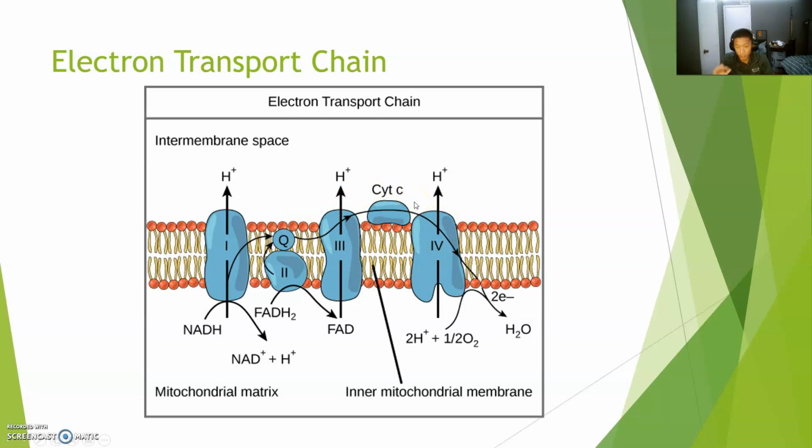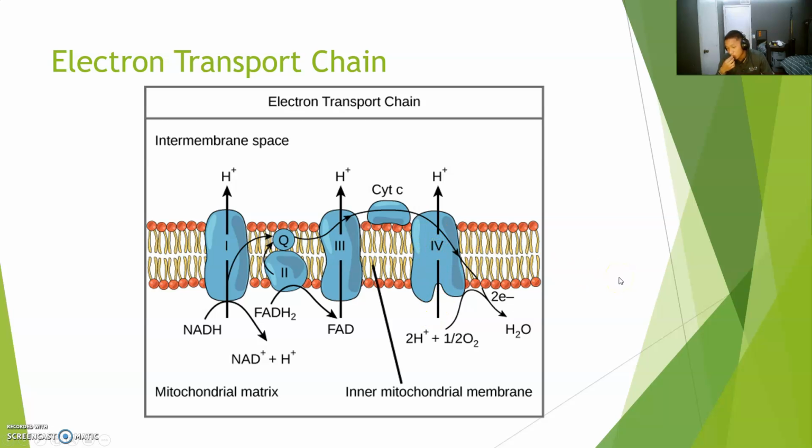There's lower energy being released, but the energy is creating a higher concentration up here, which will force these ions to come back down into this area due to diffusion, as they want to go from high to low concentrations. And it's going to do that with the help of this structure, ATP synthase.